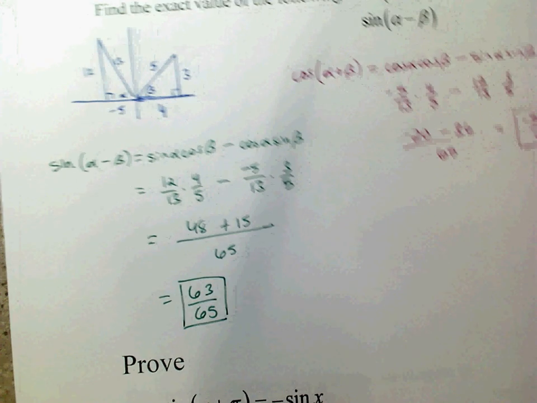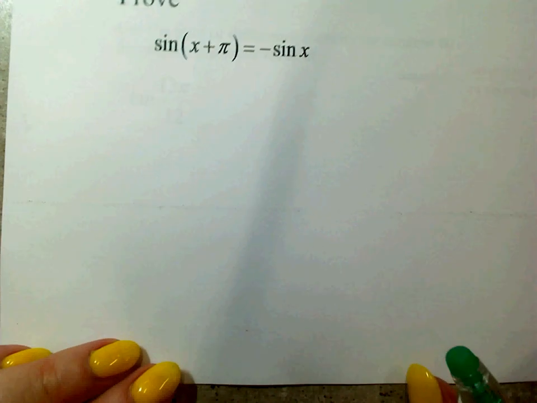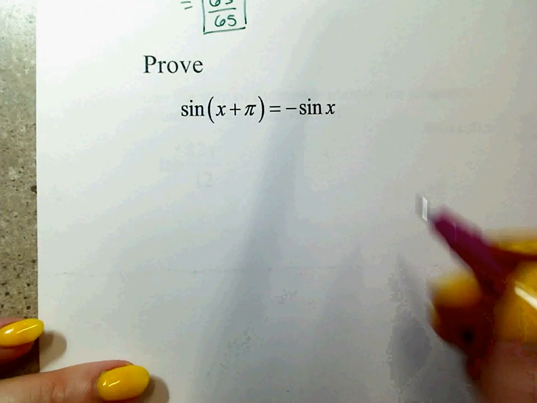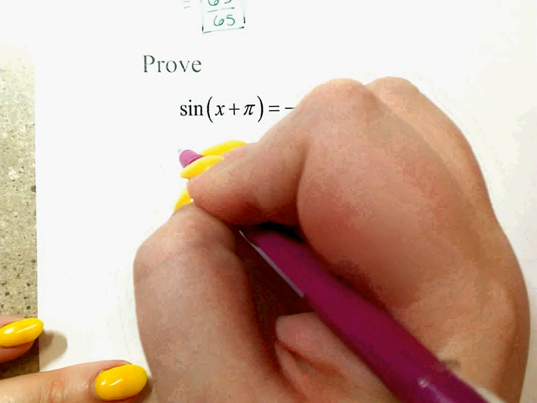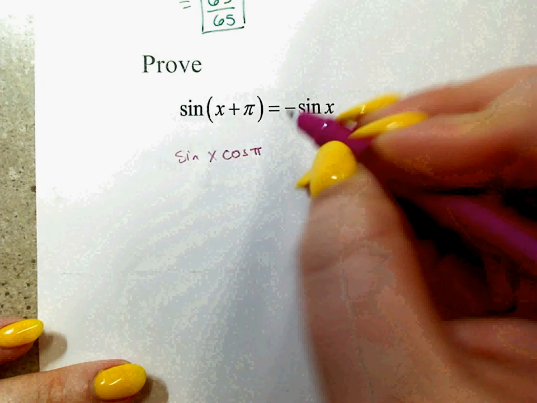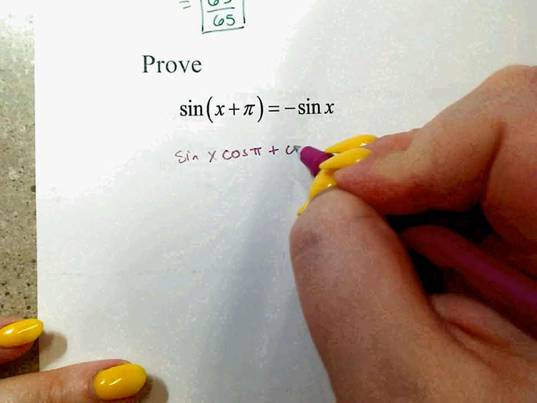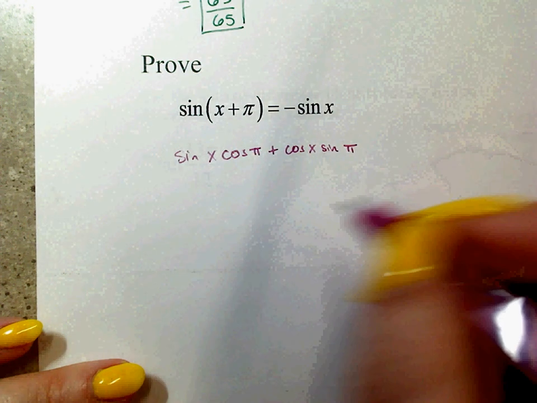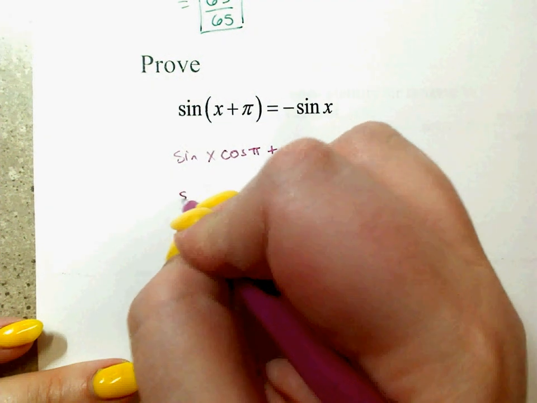All right, I need to prove that this is true. So right quick, just do that little identity. Sine of alpha plus beta is sine of the first times cosine of the second, plus cosine of the first angle times sine of the second. Sine of x is sine of x, and cosine of pi is negative 1.